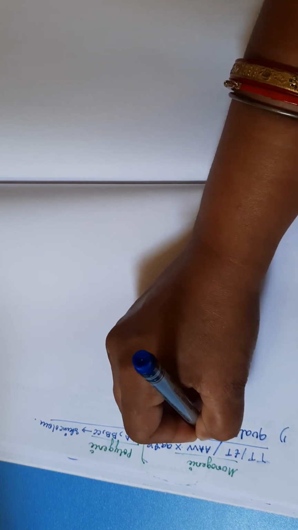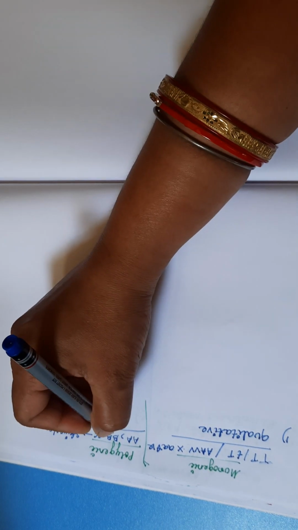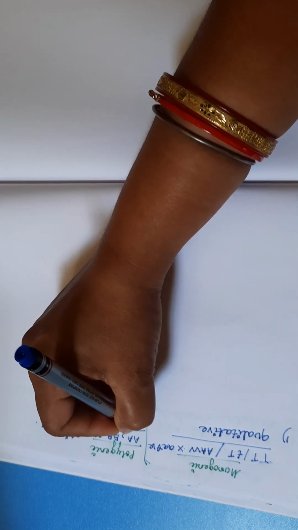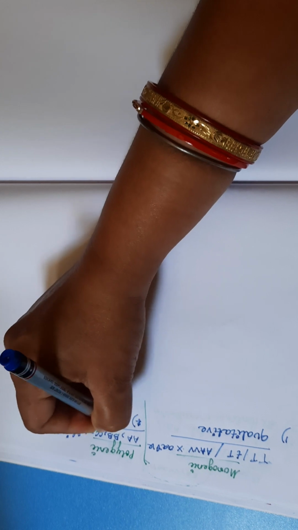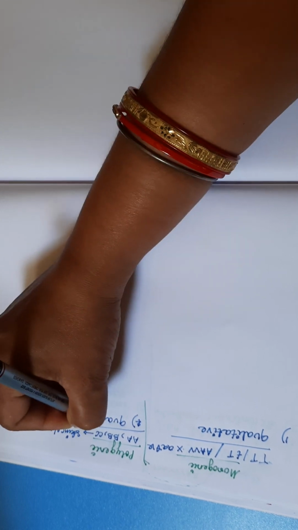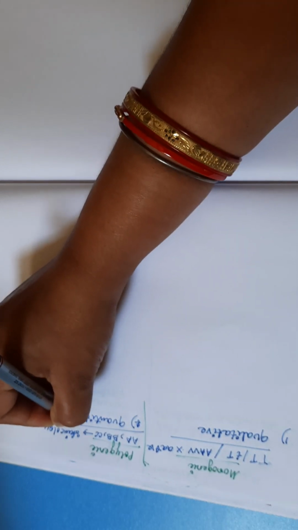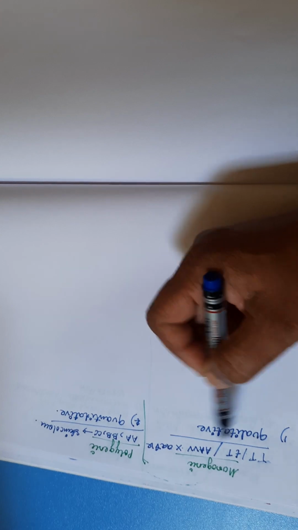So it is a qualitative inheritance. In polygenic inheritance, it will always be a quantitative inheritance. So polygenic will always be concerned with quantity, and monogenic will always be concerned with quality. Mono means quality, poly means quantity. So I think I have made it clear.